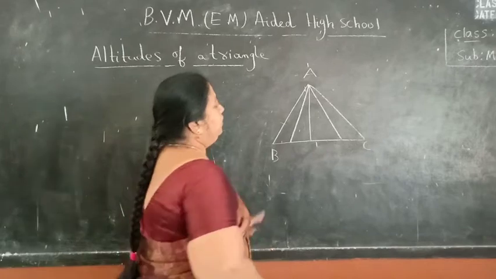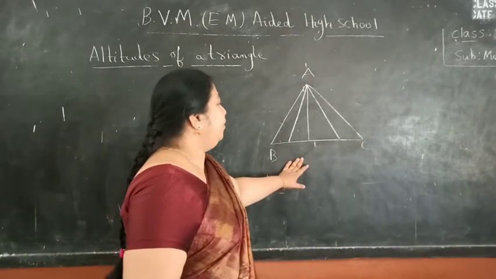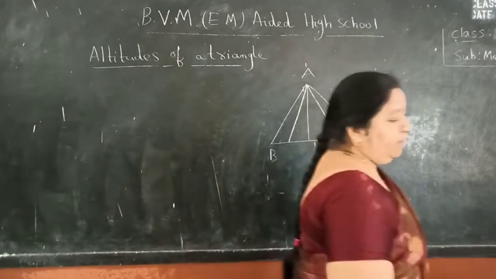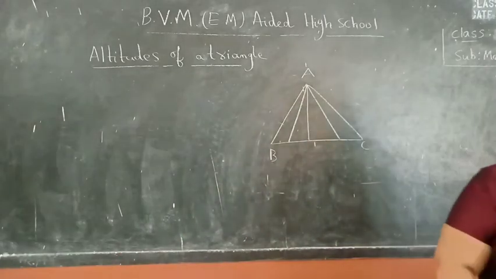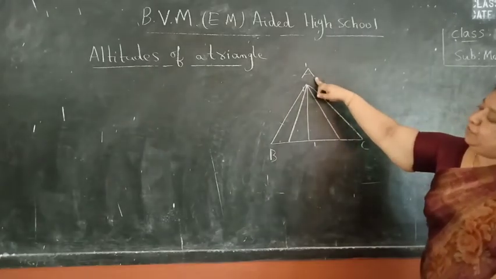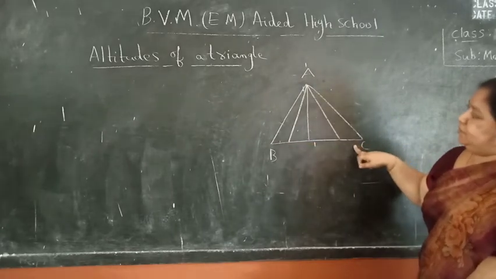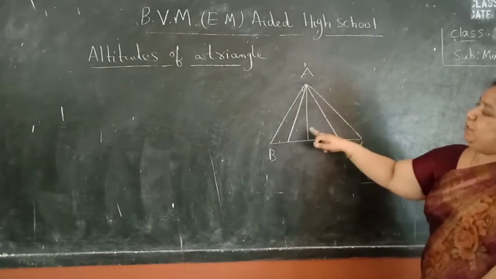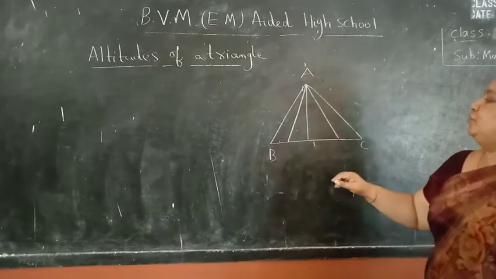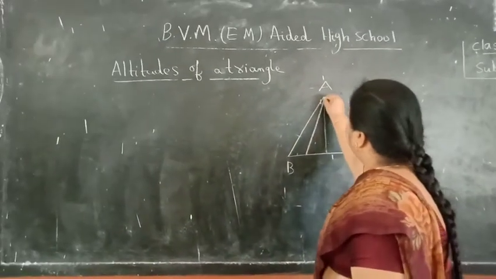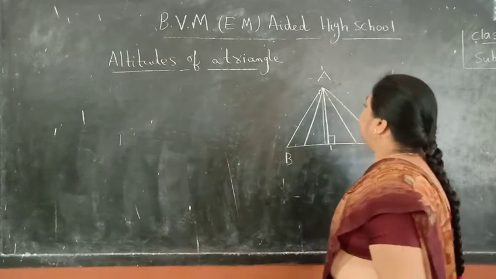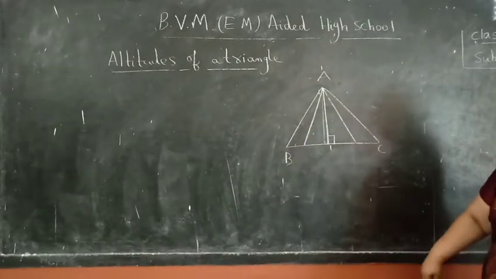How do you find this height? Which line segment is considered the height of a triangle? In triangle ABC, from vertex A to base BC, so many line segments are drawn. Out of these line segments, which is the correct height? How do you find the correct height?